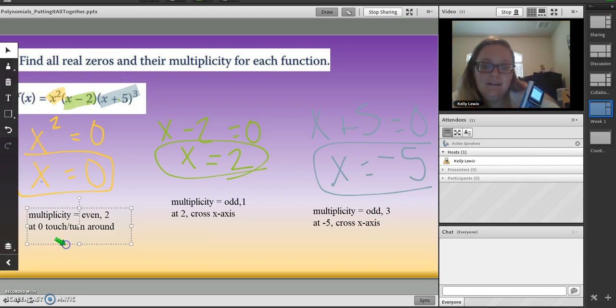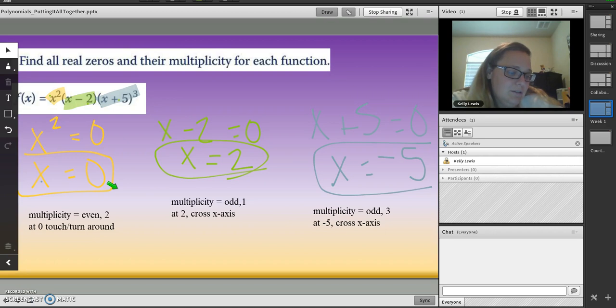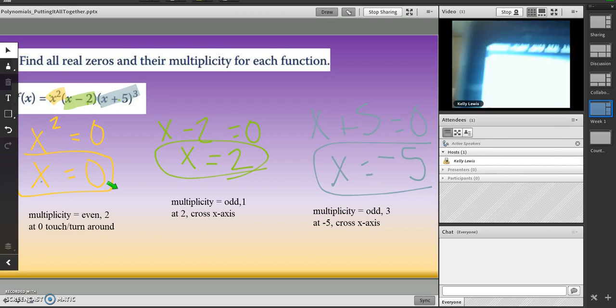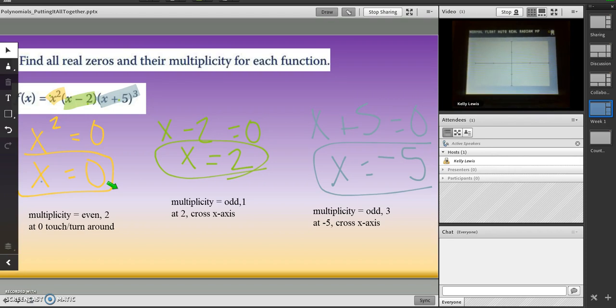So that's exactly what we said. At negative 5 and at 2, it crossed. And at 0, it touched and turned around. I'm going to prove to you, in case you're skeptical. All right, there's 0. See, it touches and it turns right back around.